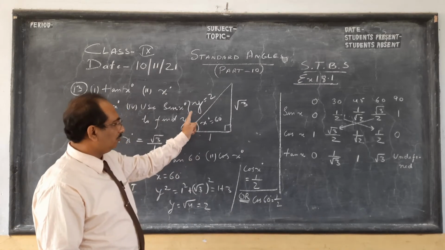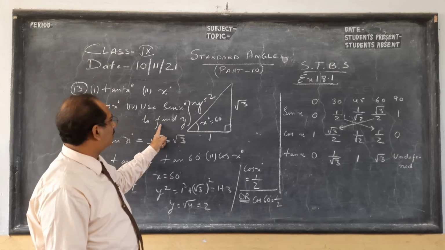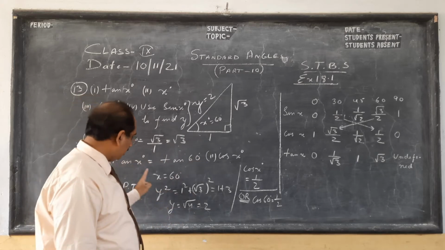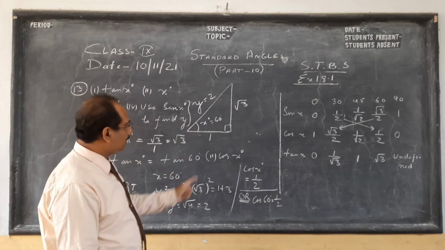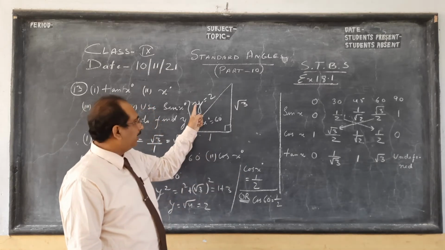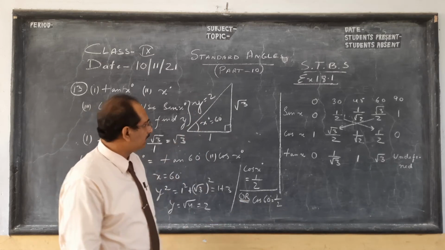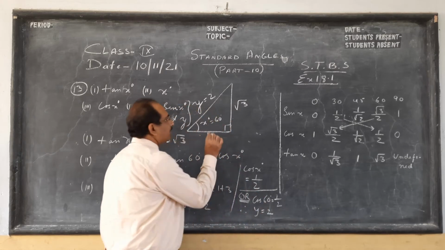So y will be 2. Next part we will see, use sin x to find y. Here, if you take cos x degree is 1 by 2, so if this is 1, then this can be 2. So cos 60 is half, therefore y will be 2, because this is 1.